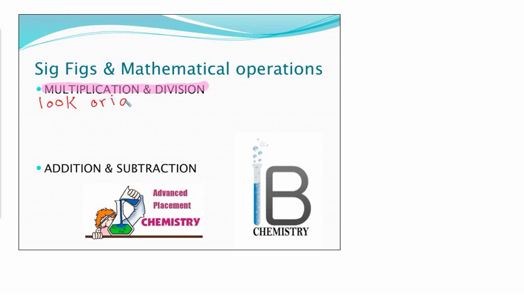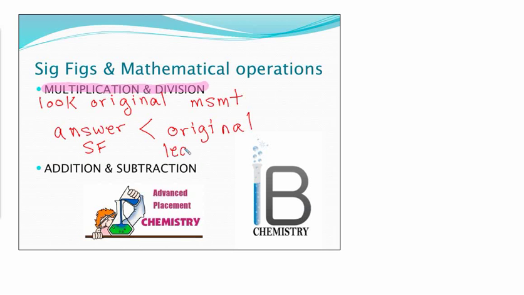Look at the original measurements. And our final answer after we've done all the multiplication and division has to have the same number of sig figs as the original with the least sig figs. So it's our fewest sig figs that will dictate our final answer there. So look at the numbers you're putting in and make sure your answer picks the smallest.